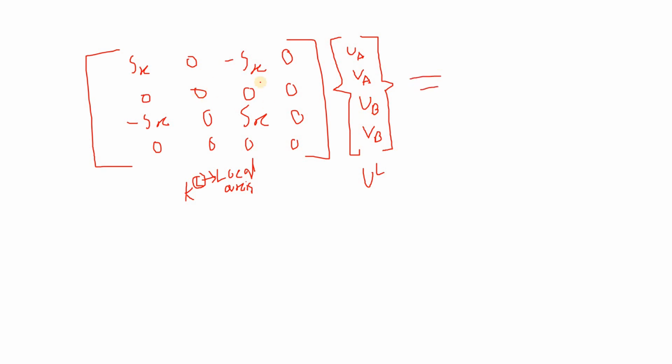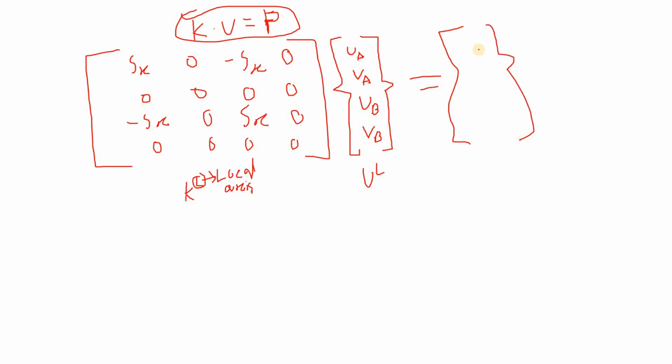Now, if we multiply the stiffness matrix with the deflection vector, we're going to get the force vector, right? Because K into U equals F. This is F or P, whatever you want to call it. This is what we have seen in the previous lecture. So here the force vector is going to be XA, then YA, then XB, and then YB.